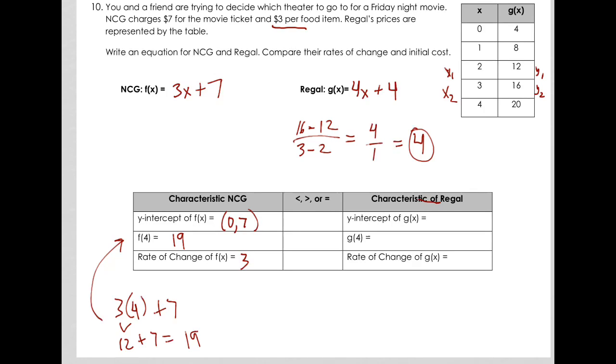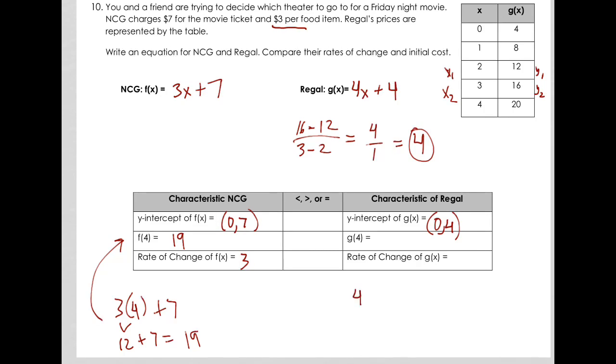So looking at Regal now, our y-intercept, we just said what that was. Y'all should know. Put it in an ordered pair. That is 0, because x should be 0 on a y-intercept, comma 4. And then g of 4, we plug in.